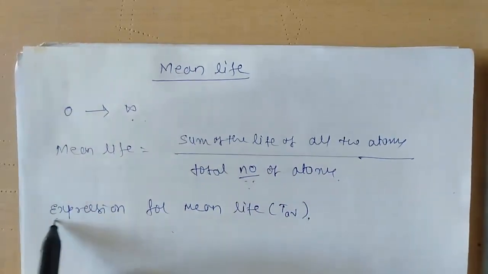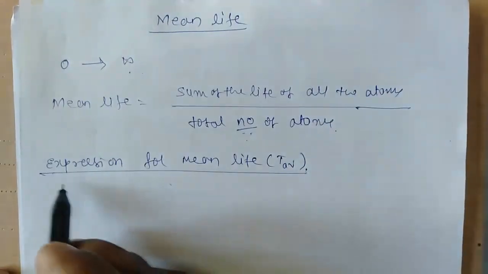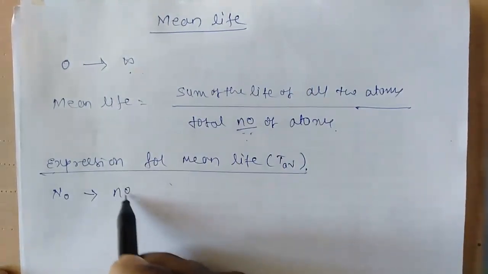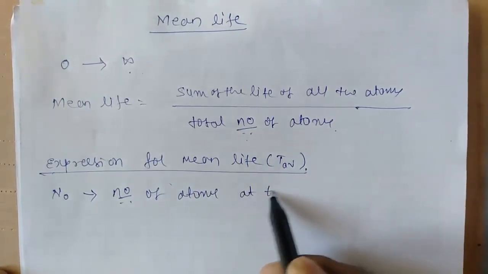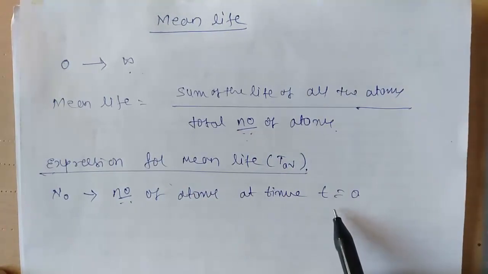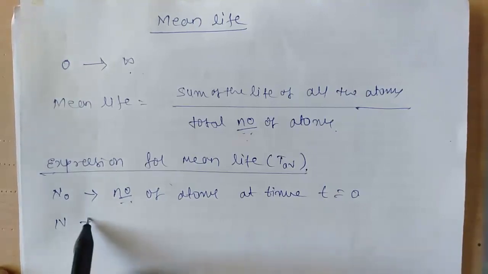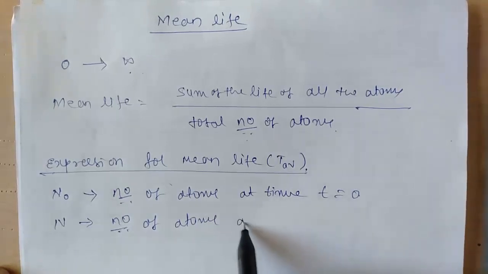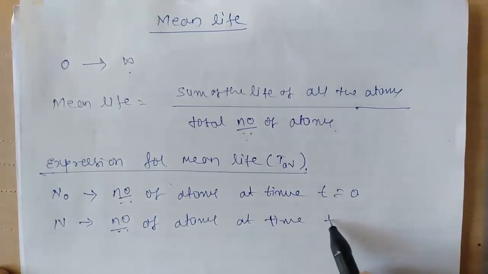To obtain the expression, let n0 be the number of atoms at time t equal to 0, that is, initially, before the decay of the element. Let n be the number of atoms in the radioactive sample at time t.